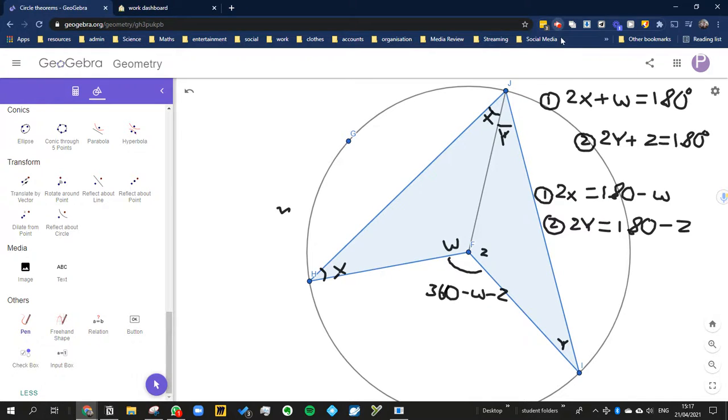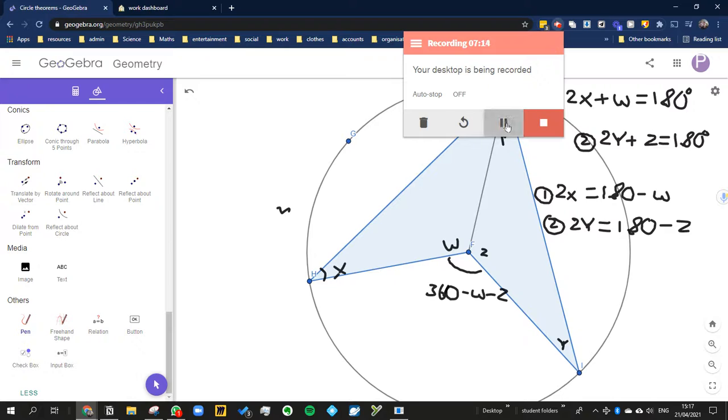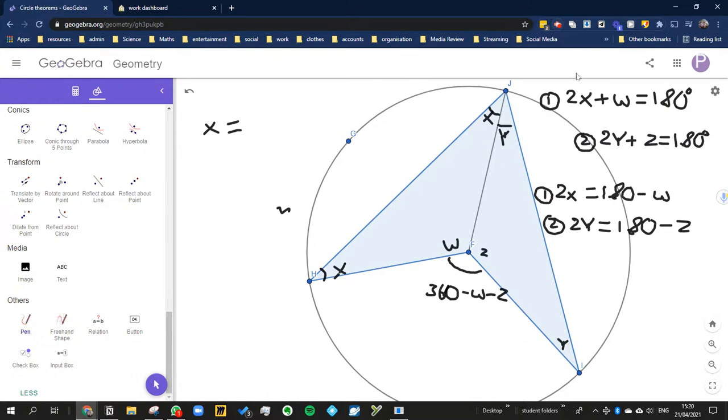Okay, I'm going to just pause this for a moment to have a little bit of a think. Okay, I think what I'm going to do actually is rearrange for w. So w is equal to 180 minus 2x, and z is equal to 180 minus 2y.